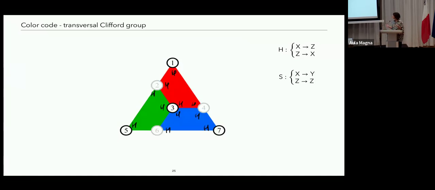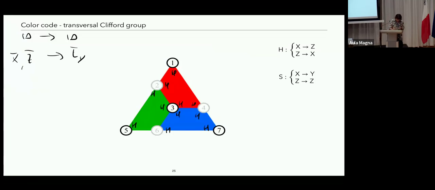To understand whether that's a valid logical operation, you want two things. You want to preserve the relationship that defined your qubit at the beginning, so basically you want the identity to be mapped to the identity. So you need the stabilizer to be preserved. And then you want the pair of X and Z logical to be mapped to something else.